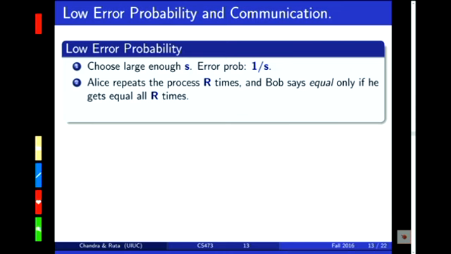So Alice repeats this process of picking prime p, computing H_p of x, sending p comma H_p of x, 10 times, say, or R times. Then every time the error probability will be at most 1 over s, and the primes are picked independently at random. So the error probability will be 1 over s to the R.